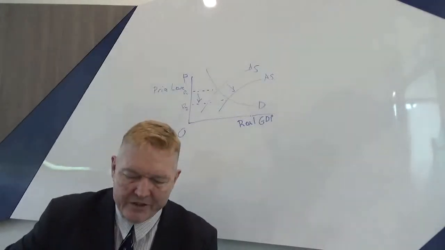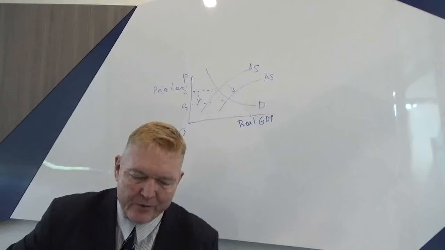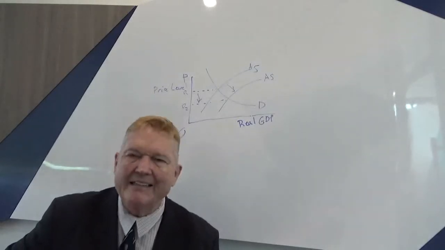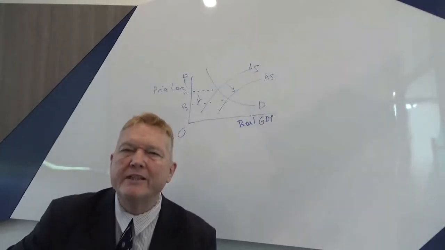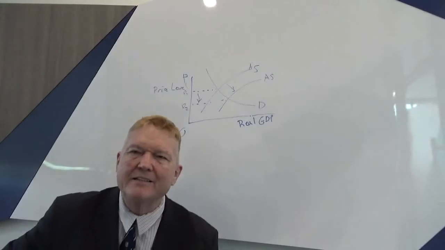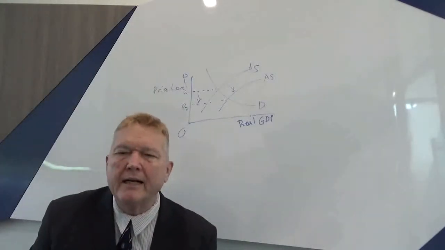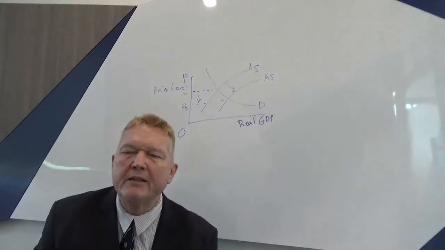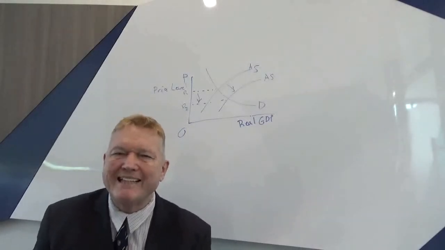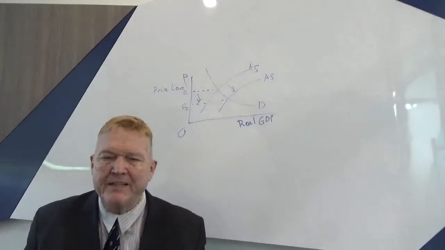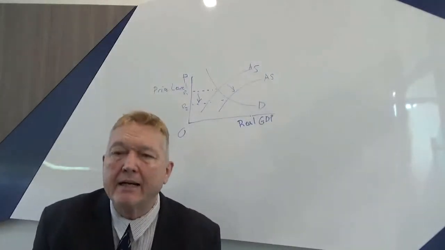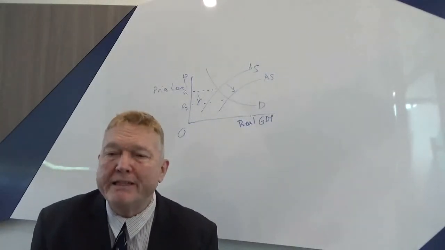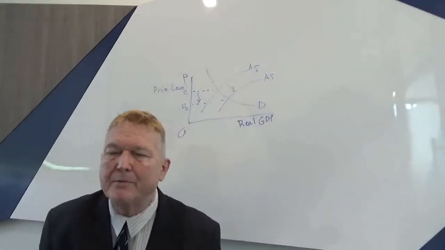So we need to consider the reality that this is a macro view of the economy, and it has to be a general look at all the prices, and if the average prices of goods and services in an economy have gone up, then that would definitely be considered an example of inflation.